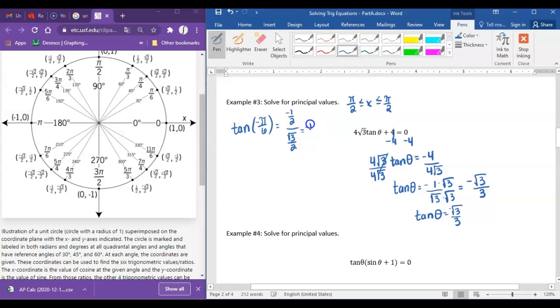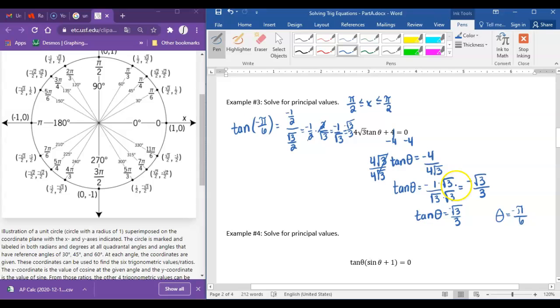If we divide the fraction, easy as pie, flip the second and multiply. The 2's will cancel here, and we'll get negative 1 over square root of 3. If we rationalize that like we did right here, we're going to get negative square root of 3 over 3. So our theta is going to be negative pi over 6.